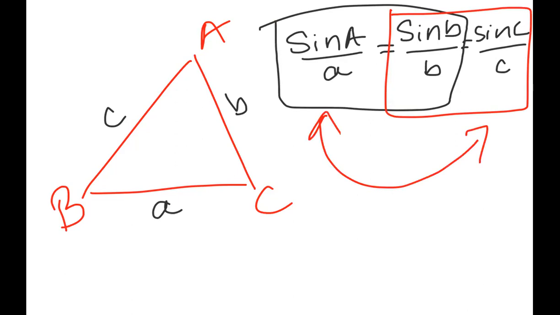At a time we can take sine A upon a equal to sine B upon b, or sine B upon b equal to sine C upon c, or sine A upon a equal to sine C upon c. In that condition we use sine rule. Is this clear? Yes, sir.